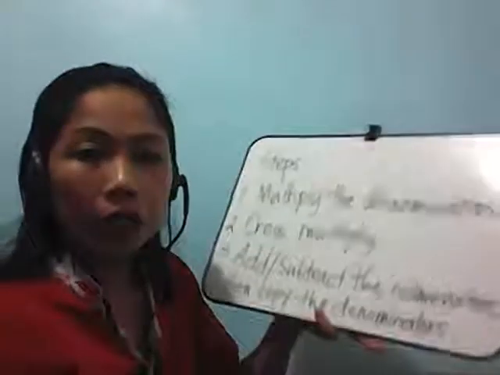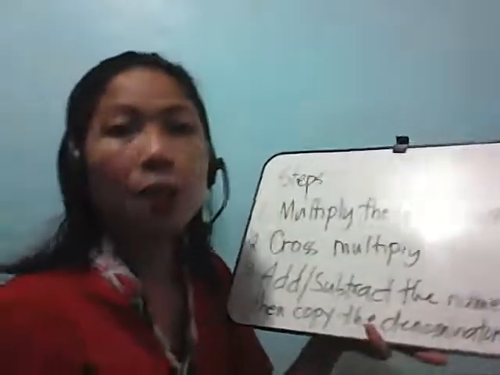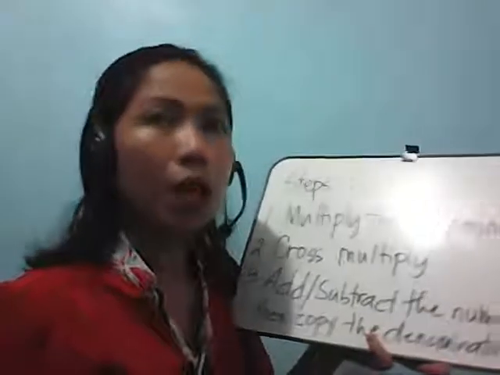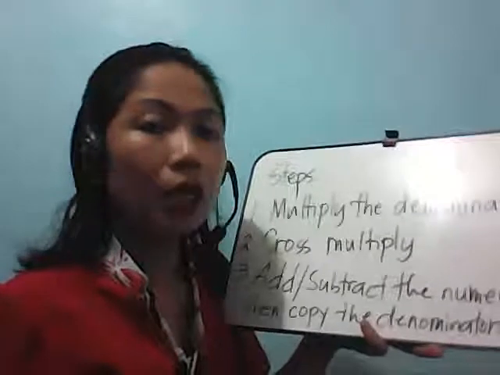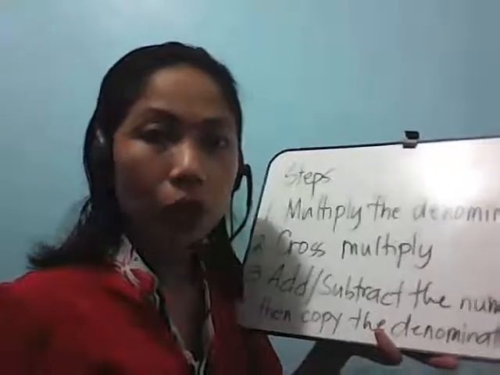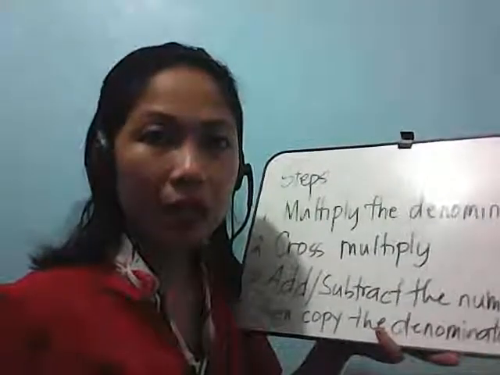And of course, if your answer is an improper fraction, where the numerator is bigger than the denominator, you need to divide so that you will get the mixed form.